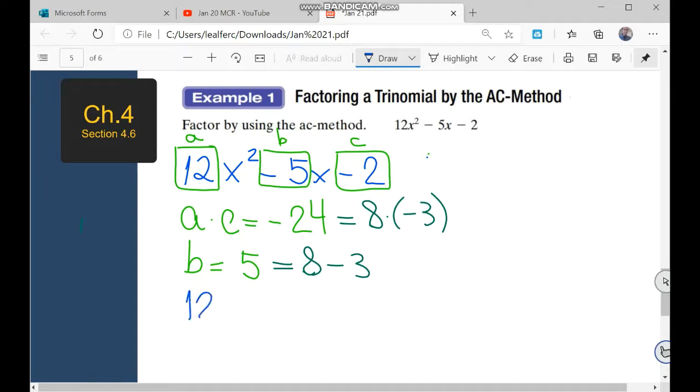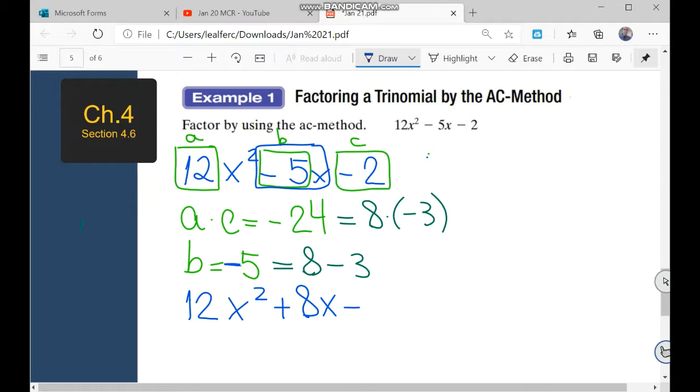Check it out. 12x squared. Instead of negative 5 here, we will add plus 8x minus, sorry, it's negative 5 here.